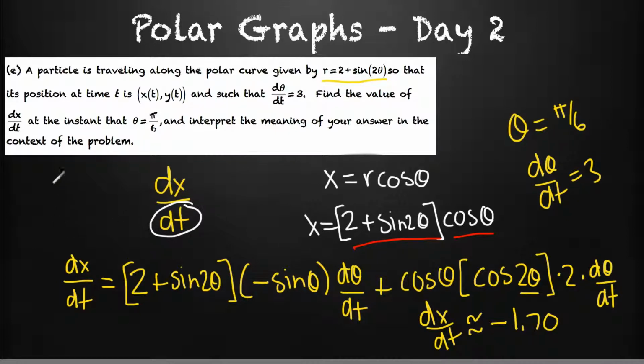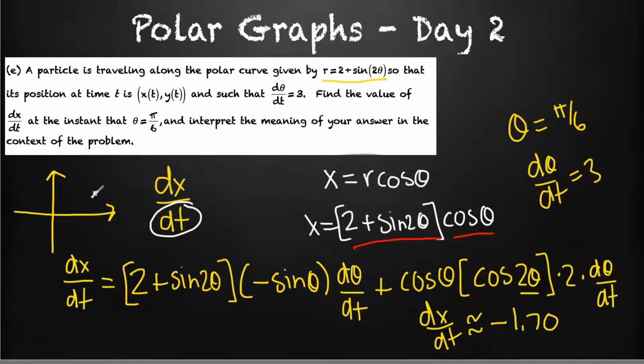So let's say we draw an xy plane, and it says that we want to find dx dt at the instant that theta is pi over 6. And so pi over 6 is 30 degrees, so we're somewhere around here.